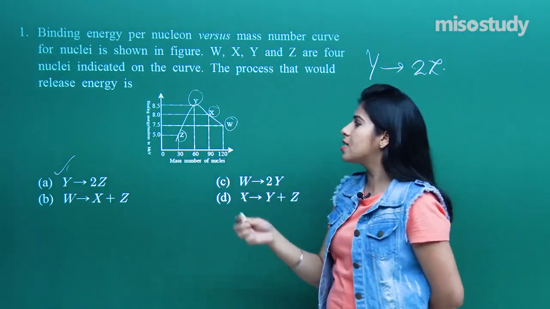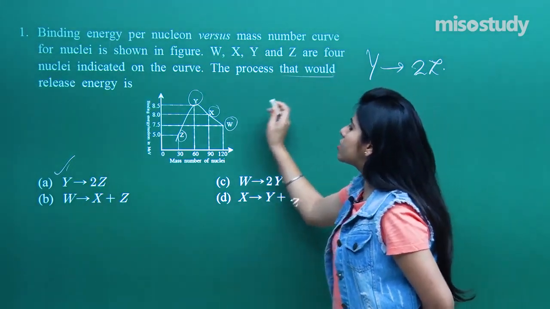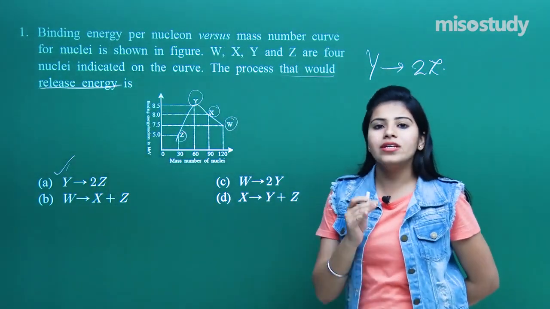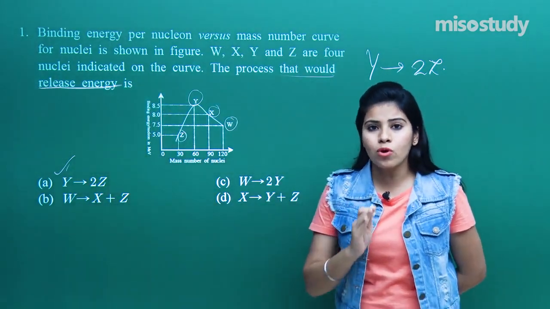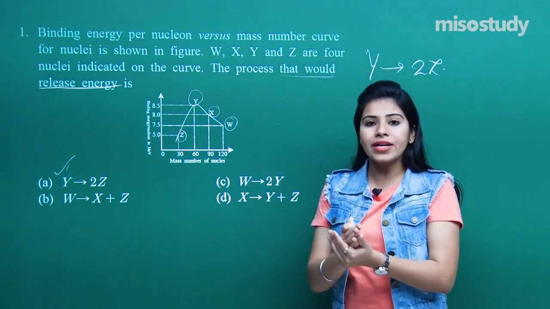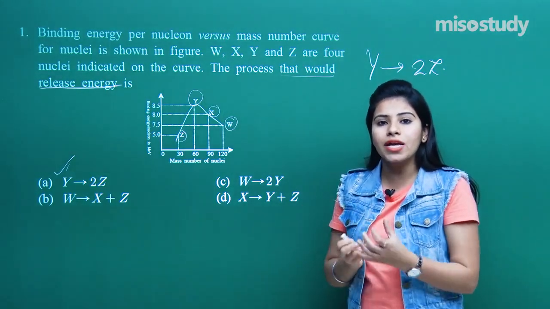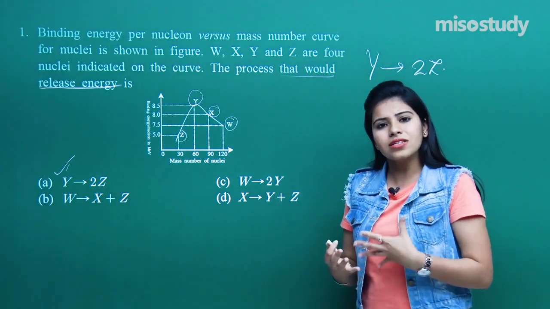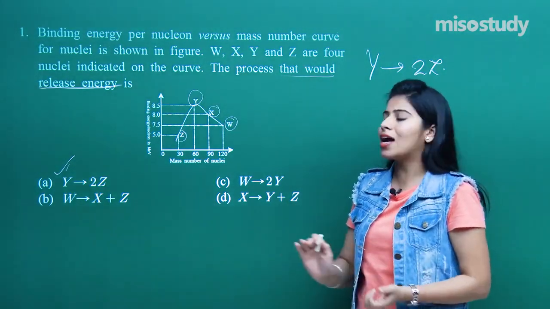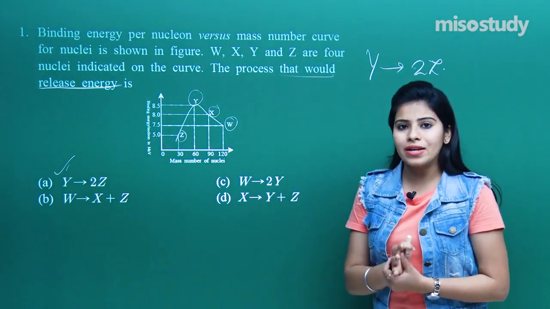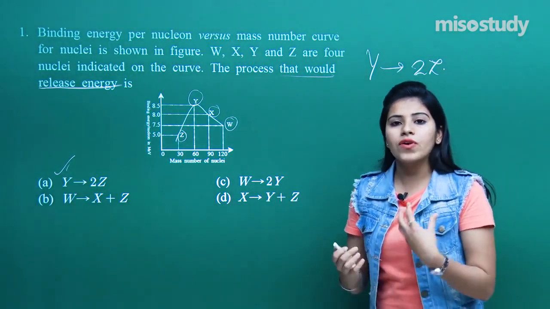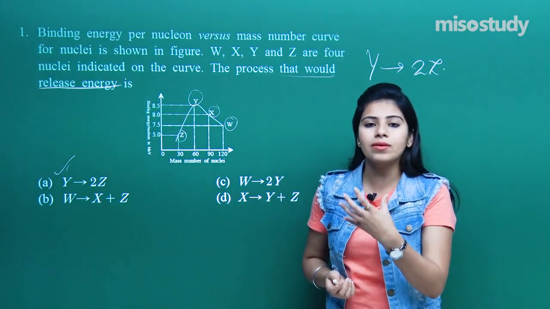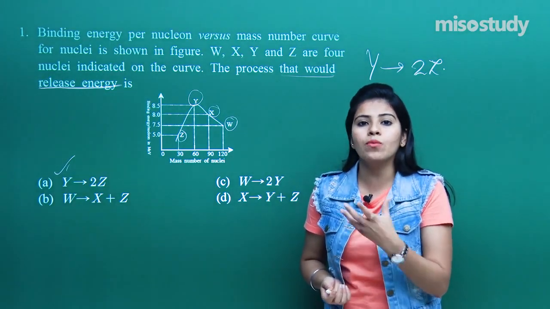If they are asking in which process energy would be released, energy will be released in that process where the binding energy of reactants is less than the binding energy of products. Or you can say in reverse, where the binding energy of products will be more.